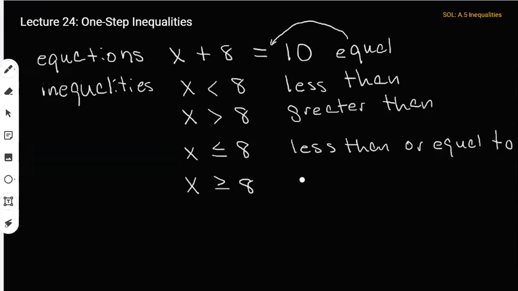And then the last one we're going to look at is greater than or equal to. This one says x is greater than or equal to 8. So that means that x has to be a number that's bigger than 8 or equal to 8.